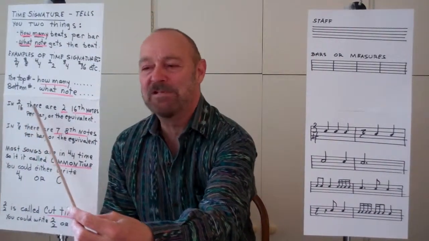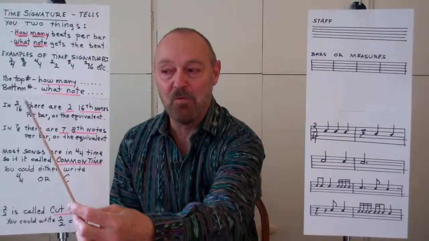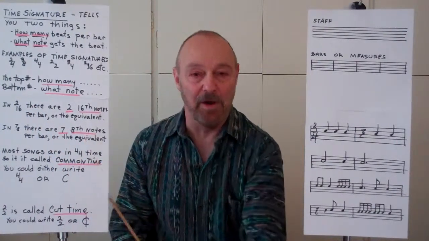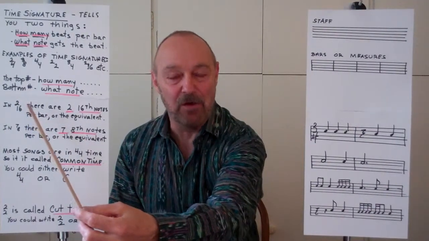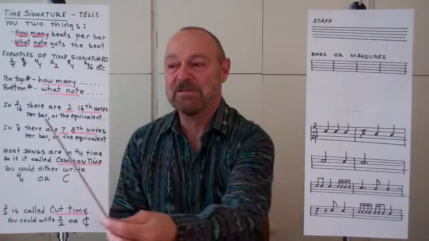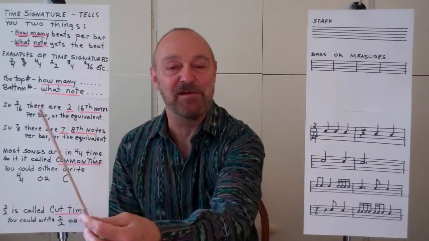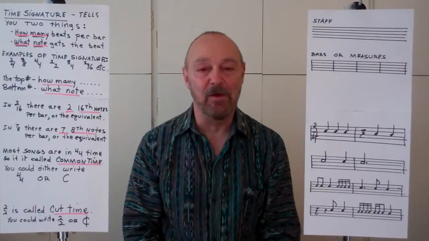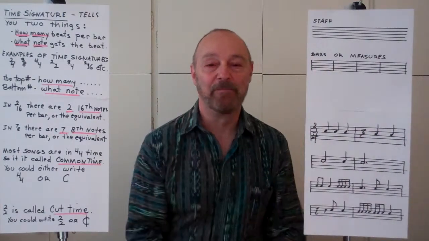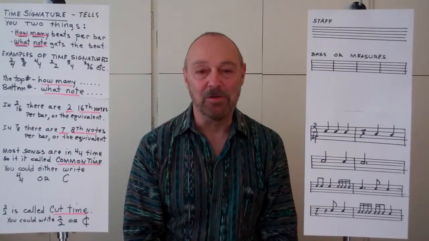In 2 over 16, in that time signature, we would have 2 pulses per bar, and the 16th note is the pulse. So 2 over 16 means that there are 2 16th notes in each bar. Now it doesn't have to be exactly 2 16th notes.